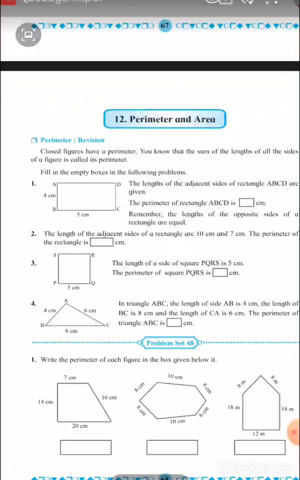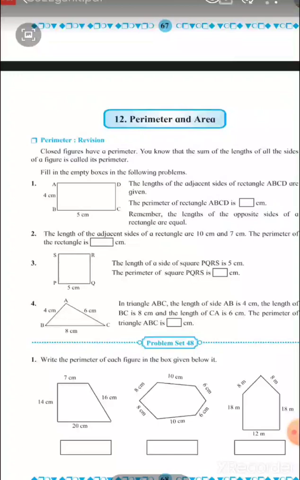See the third example. The length of a square is given, that is 5 centimeter. We need to find out the perimeter of the square. Here only one side is given. We need to find all the 4 sides. So in a square, if one side is given, all the 4 sides will be equal, because a square has all the 4 sides equal.